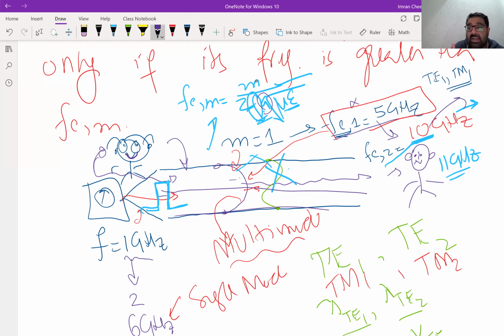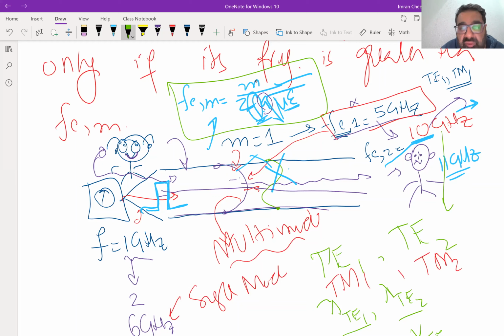So from here you can see intuitively, just by looking at this equation, we are not doing any new science. A waveguide that is thin in dimension will be a single mode waveguide, and as it gets thicker, if I keep increasing a, the cutoff frequencies come very close together, and I will have many modes. So what happens in traditional practice is that a waveguide which wants to carry a lot of power, like kilowatts of power, like these big dish antennas, radar antennas that need kilowatts of power, operates in multi modes, but in all other cases you try to keep them in single mode. So multi-mode behavior is preferred when you want to carry more and more power.